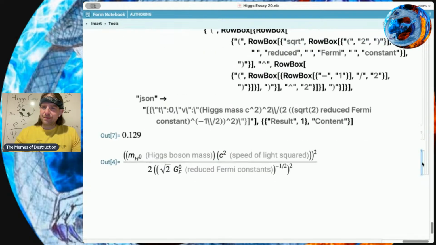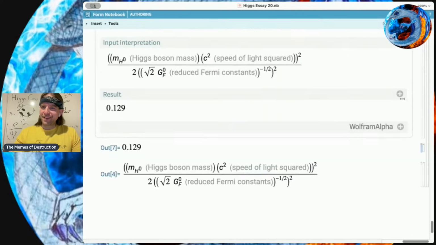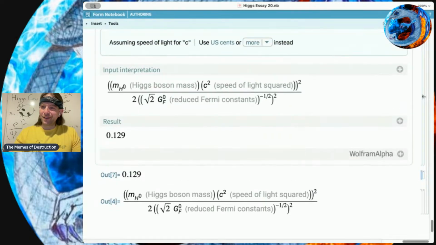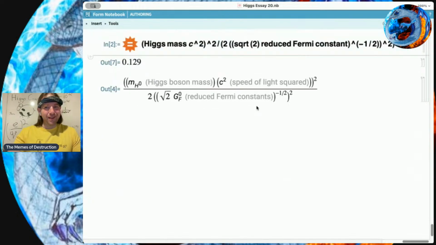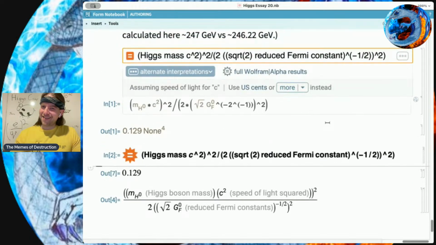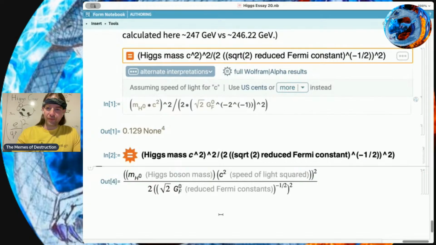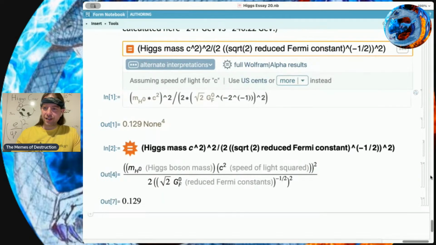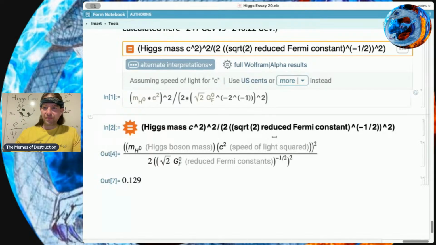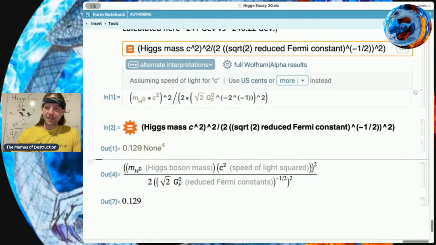Pull that up. Don't worry, we'll get it in a much prettier thing. Going through and just showing my work right now. We just swap this guy into this guy.